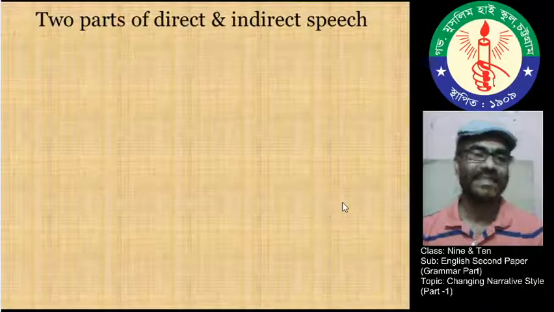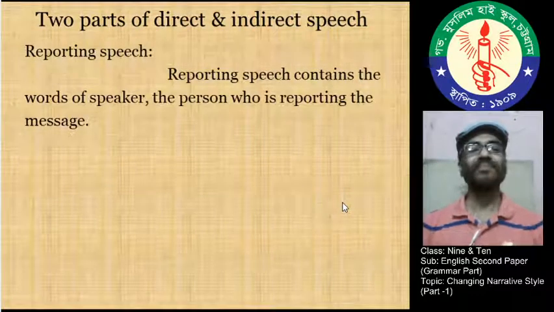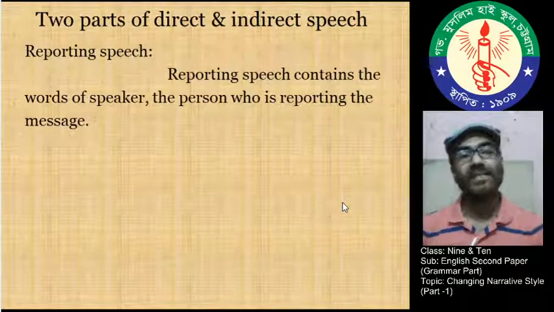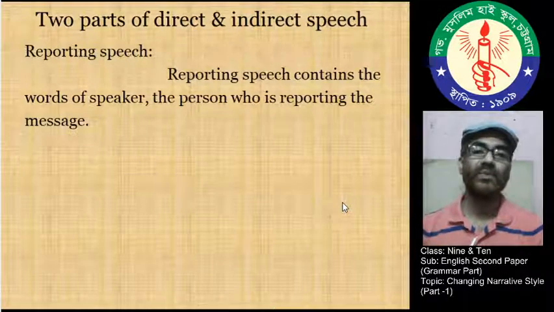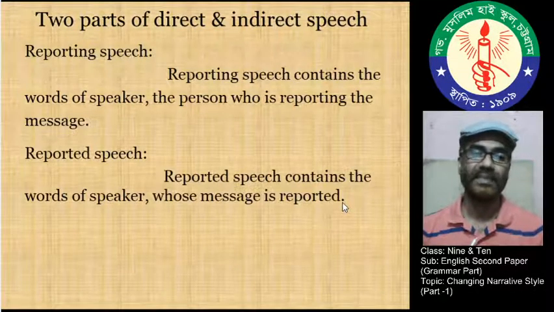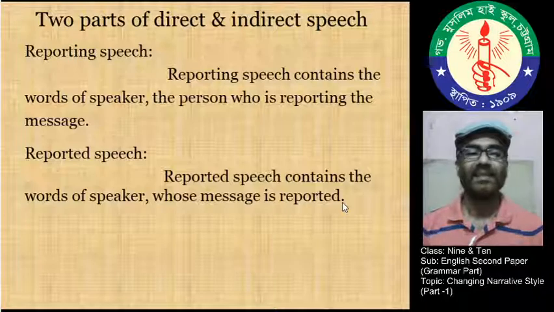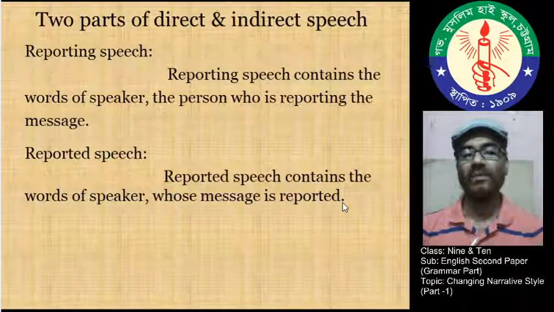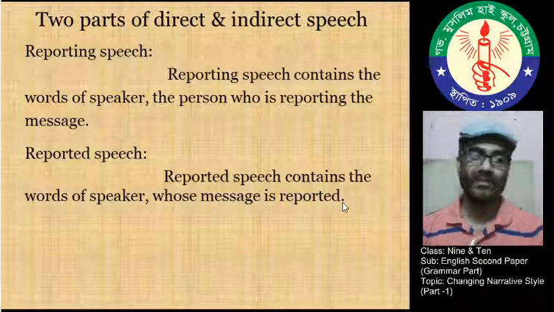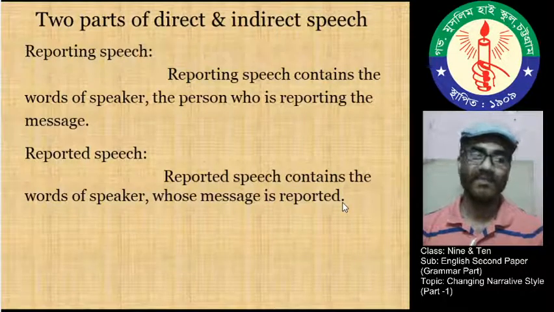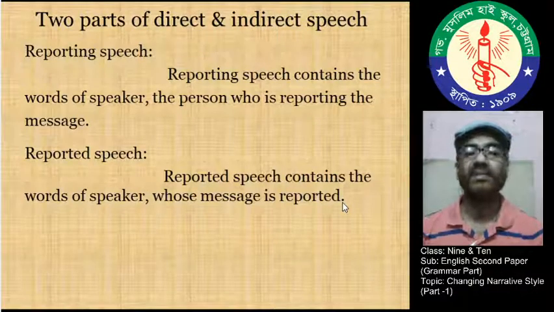Two parts of direct and indirect speech. You see, reporting speech. Reporting speech contains the words of a speaker, the person who is reporting the message. And reported speech. Reported speech contains the words of a speaker whose message is reported. So here are the two parts of direct and indirect speech. One is reporting speech and the other one is reported speech.